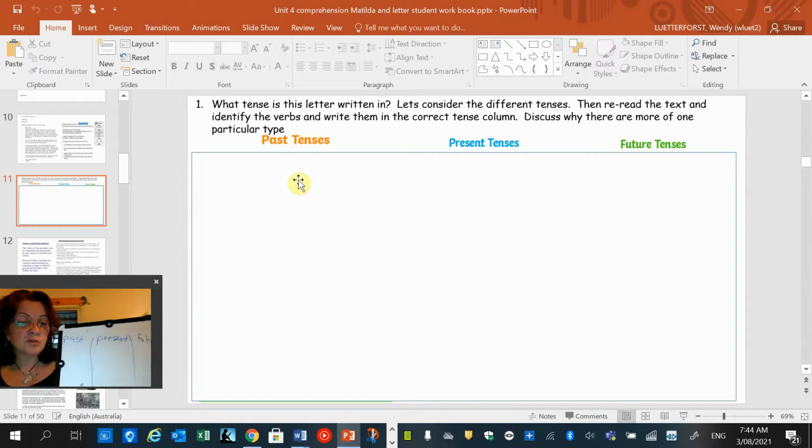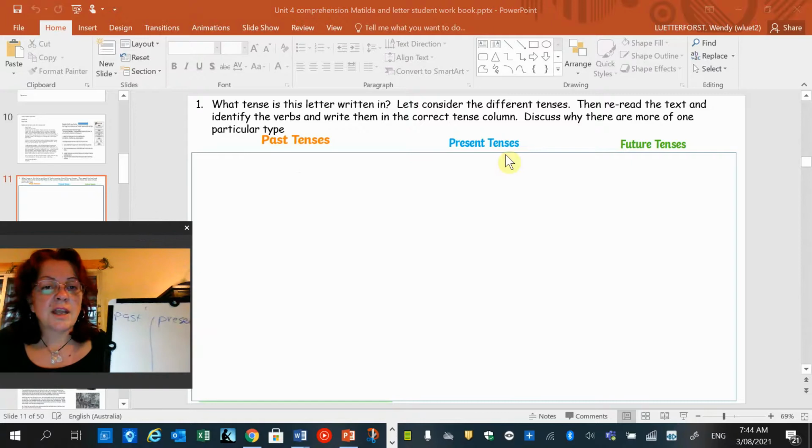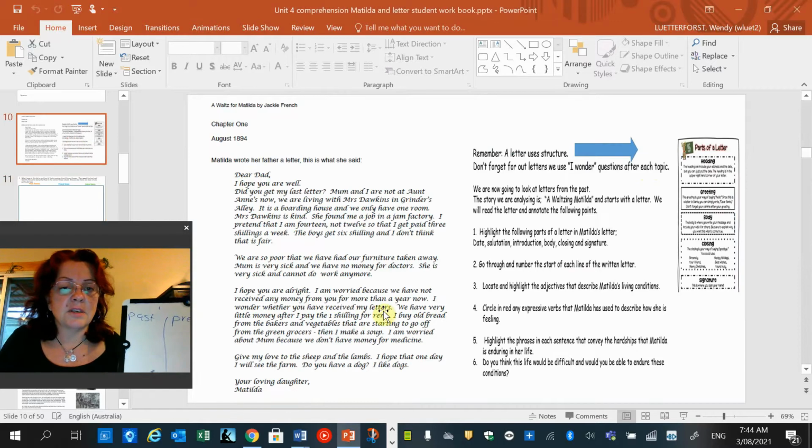Everything was in, do you remember? Present tense, I should say, because you're writing about now, you're informing your reader about what was going on. So we're going to go through and have a look and see if this letter is in past, present, or future tense. We're going to reread the words, identify the words, and write them in the correct column. Okay, and then we're going to see what tense this letter is written in.